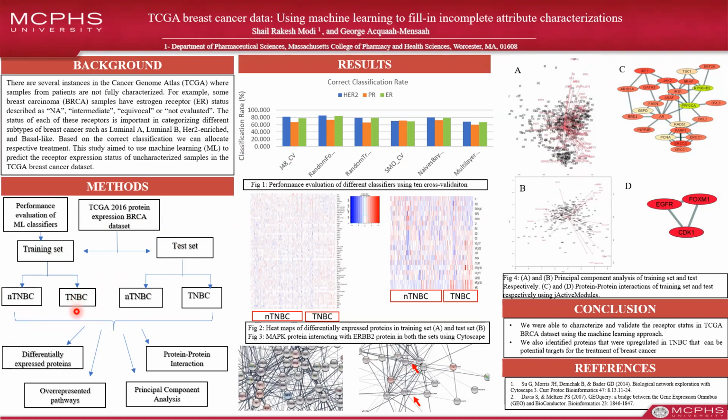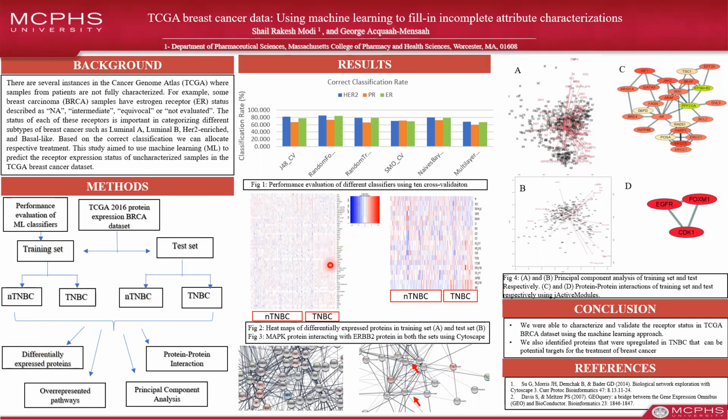To validate the predicted results, we performed 4 different methods. Firstly, we used a Bioconductor package called SIG to identify proteins that were differentially expressed between the non-triple negative breast cancer and the triple negative breast cancer groups in the training as well as the test set. We found 65 differentially expressed proteins in the training set and 19 in the test set, out of which 8 were common to both sets.